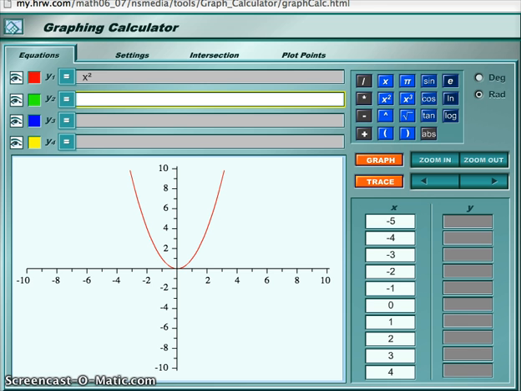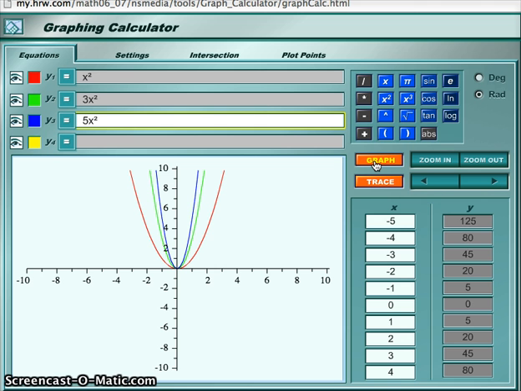Let's see what happens when we change our value for a and we make it larger. So we have y equals x squared in red, and in green will be y equals 3x squared. You'll notice it gets a little bit skinnier. Let's see what happens if we make it a little larger.